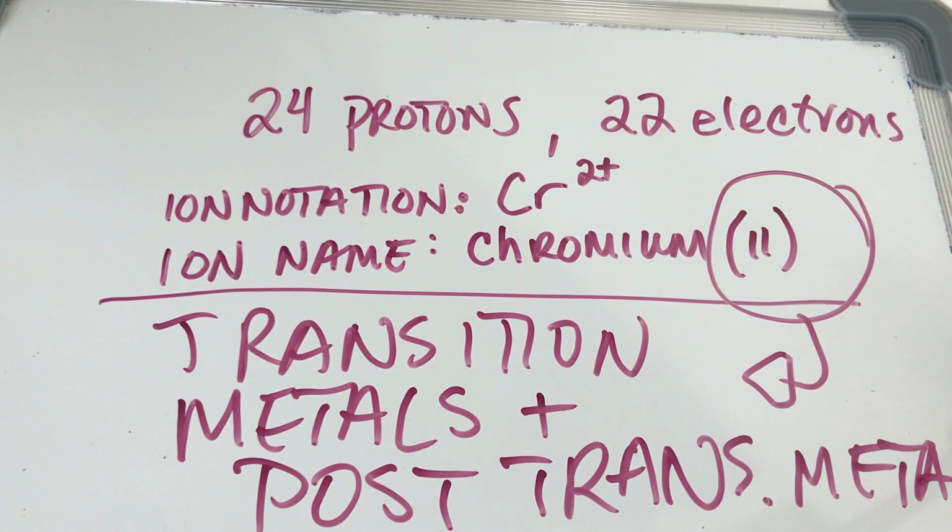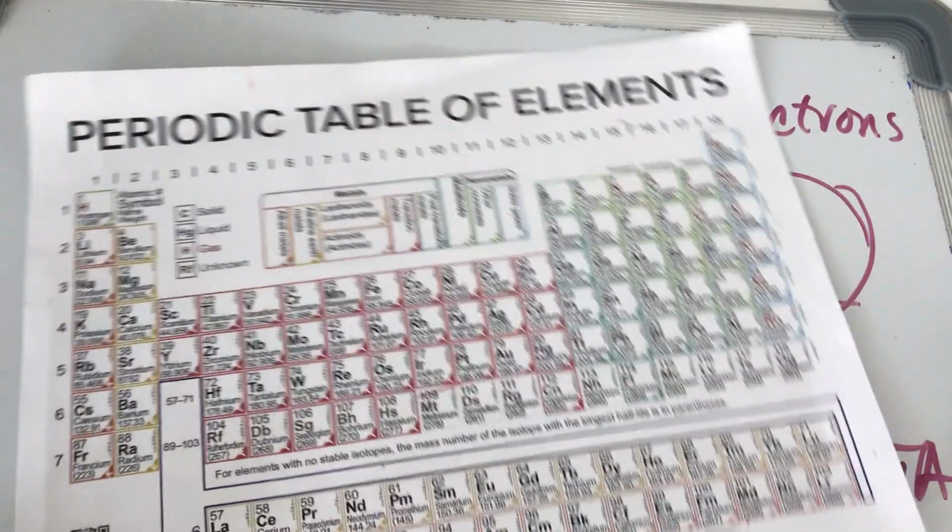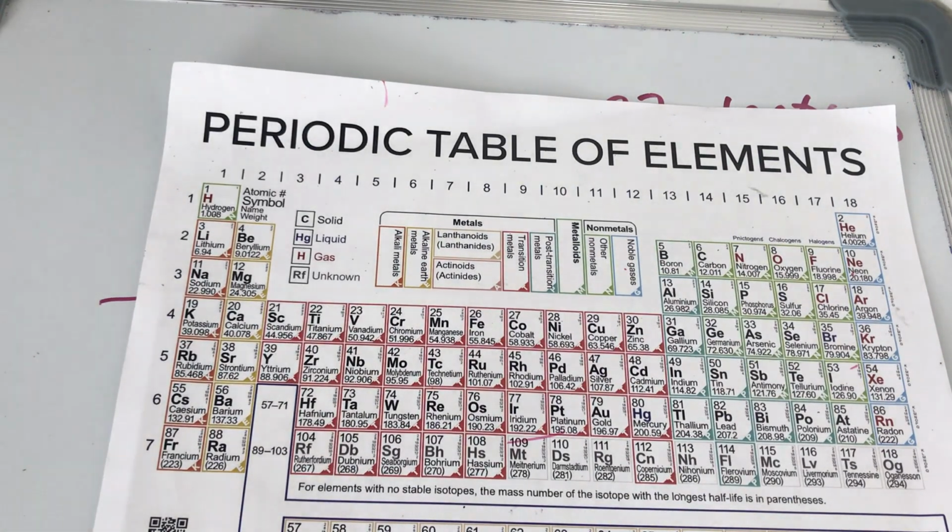Okay. So the Roman numeral does not need to be given when you're dealing with, say, group 1 or group 2 ions, right? So the ion name for potassium, for example, K, would just be potassium ion, right? No need for a Roman numeral because the Roman numerals are given for the transition metals or the post-transition metals because they can have different charges, right?